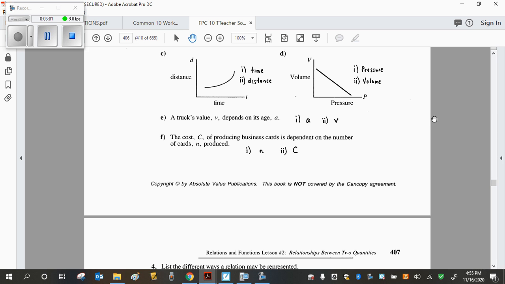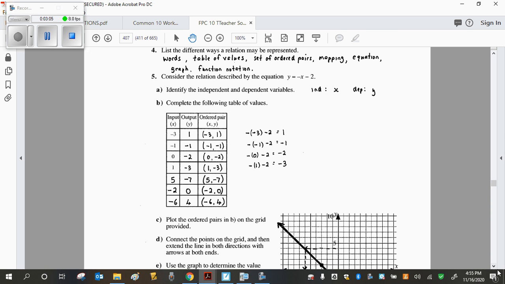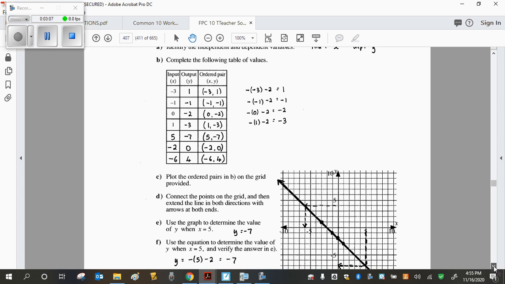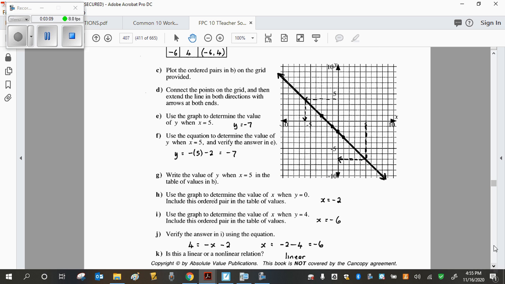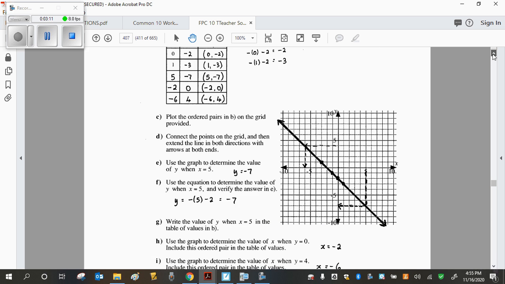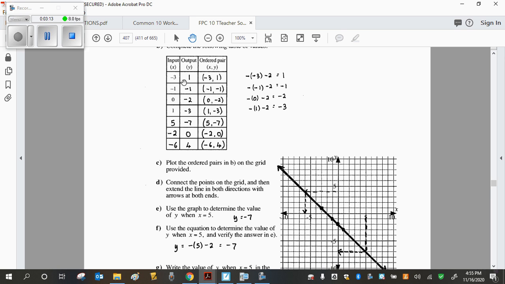Okay, so let's move back over there. So once we get those points, we plot them. Did I give you enough time to see those points? Negative 3, 1, negative 1, 1, 0, negative 2, and 1, negative 3.